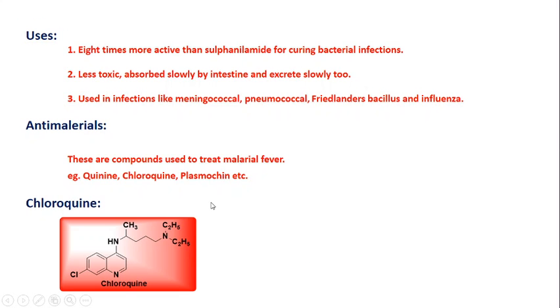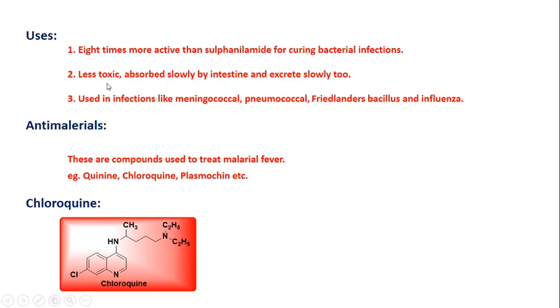Then what are the uses of sulfadiazine? Even though we have sulfanilamide in hand, why do we need to prepare sulfadiazine? The uses say why this drug is superior over sulfanilamide. It is 8 times more active than sulfanilamide for curing bacterial infections. It is less toxic; sulfanilamide is toxic when taken for weeks, so this is less toxic.